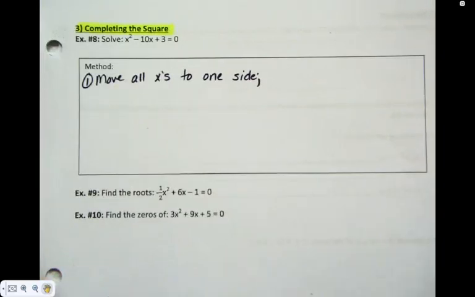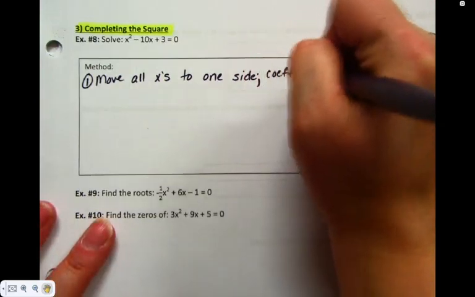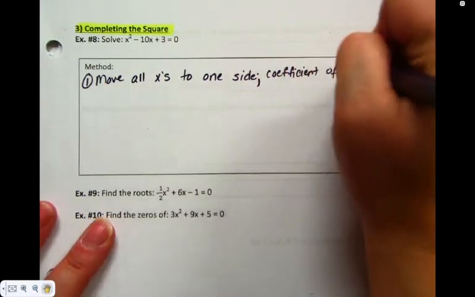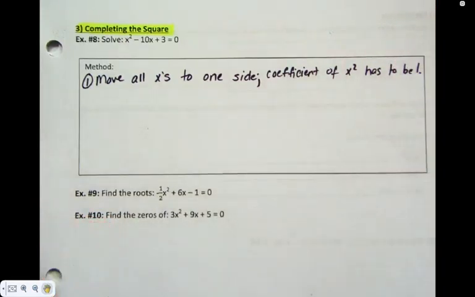I don't even know if I'm using it right, but go with it. Move all x's to one side. The coefficient of x squared has to be 1, and I'll show you in a second how to make it equal to 1 if it's not.